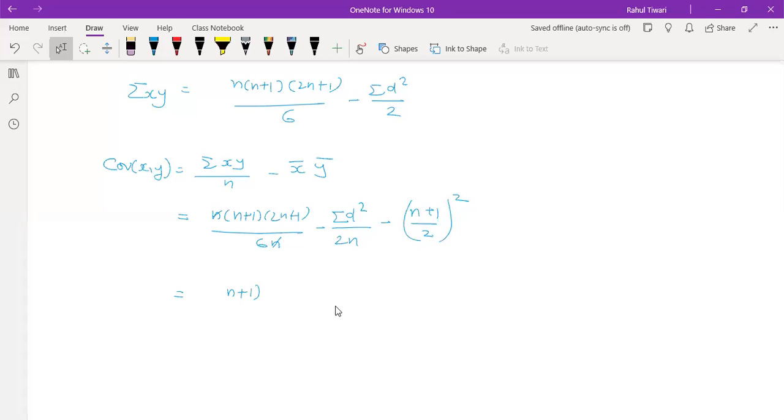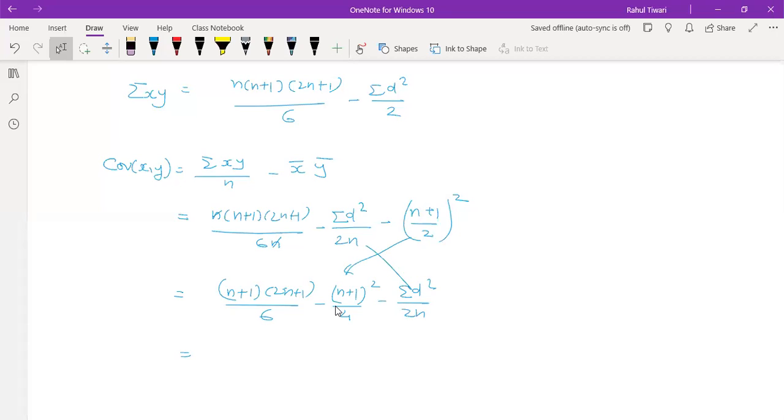So n plus 1 into 2n plus 1 upon 6 minus n plus 1 upon 4 whole square with minus sign, and here we already have a minus sign, correct? So this term is here, this I have adjusted here. Okay.